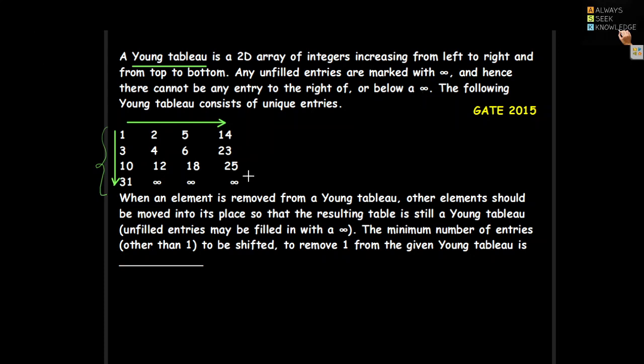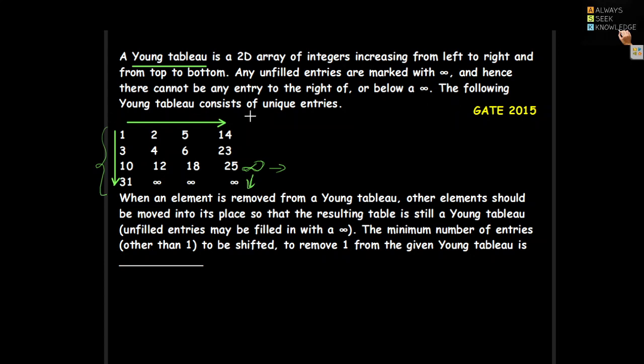It is obvious also. Let's say you assume this entry is infinity and you are saying that right side only greater values are there and lower side only greater values are there, and there is no value greater than infinity. So that's why they are mentioning after infinity there is no entry in right or lower side, right?